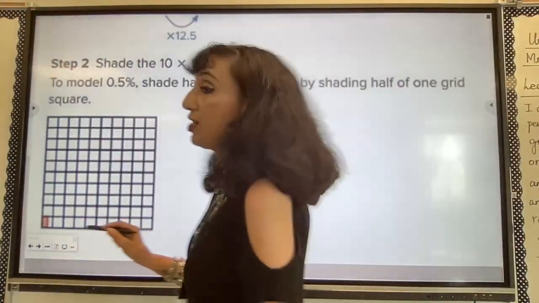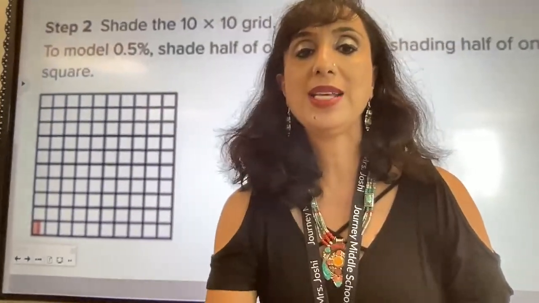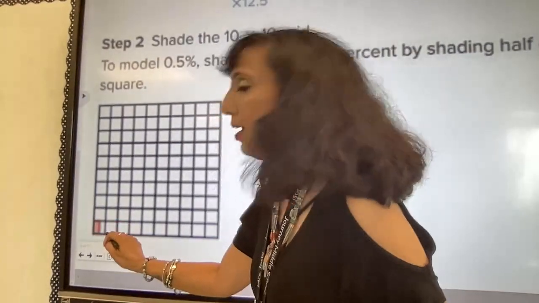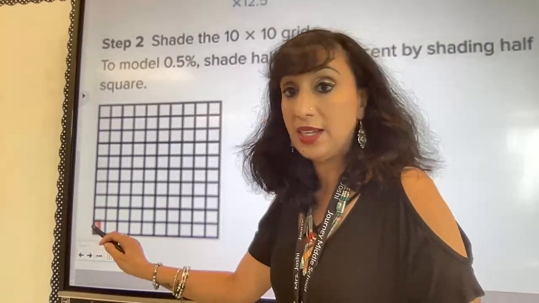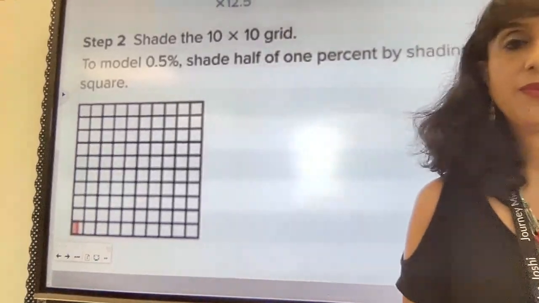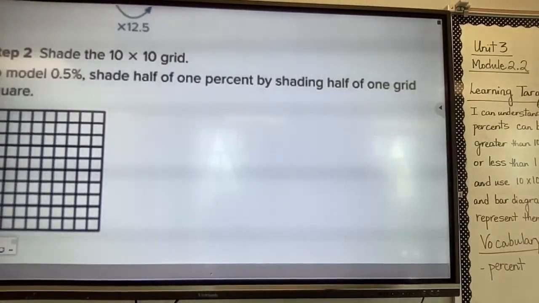That means it is going to be less than 1 whole. We can see that this is 1 and it is half of that. That is why it is 5/10%. So this is how much you are shading in. All right, let's do one last problem.